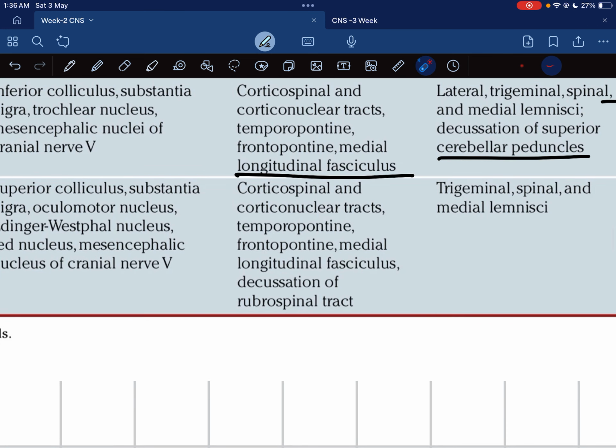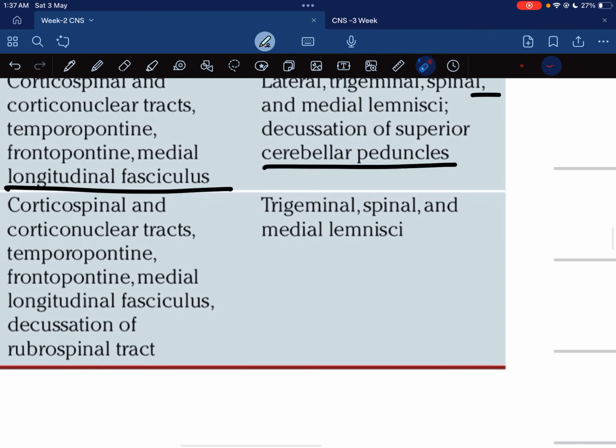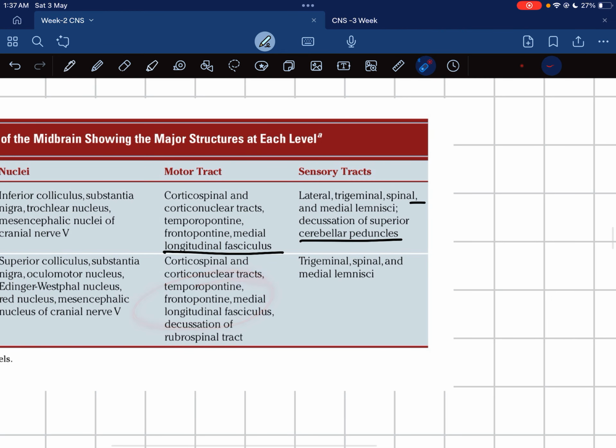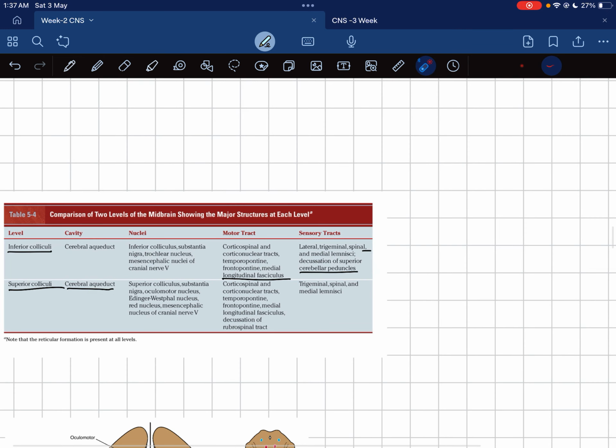For the motor tracts, there are the corticospinal tract, corticonuclear tract, temporopontine tract, frontopontine tract, medial longitudinal fasciculus, and rubrospinal tract. For the sensory tracts, there are the trigeminal, spinal, and medial lemniscus at the level of superior colliculi.